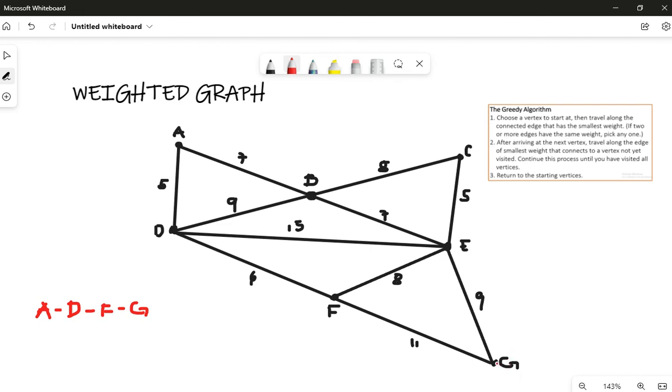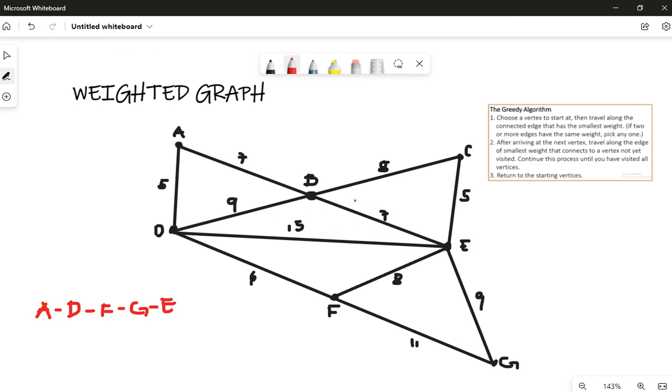Now, from G to E, I don't have any other choices. I can only go to vertex E because I cannot go back to vertex F. From G to E. Now, from E, I have options E to B and E to C. I cannot use E to F and E to D because I have already used these vertices.